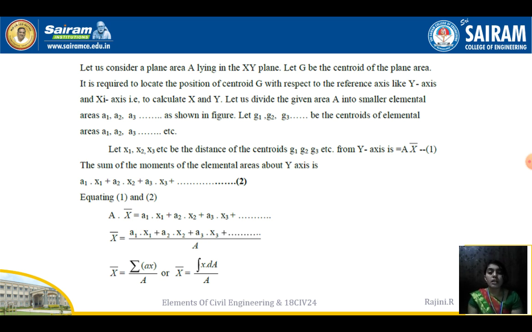A into x bar is equal to A1 into x1 plus A2 into x2 plus A3 into x3. So here, if you want the centroid distance x bar separately, it is A1 into x1 plus A2 into x2 plus A3 into x3 divided by the capital A. So here you can see x bar is equal to the summation of all small areas multiplied with the distance, A into x, divided by the capital A. Or you can write the integration of x into dA.